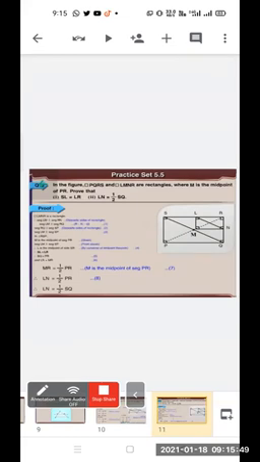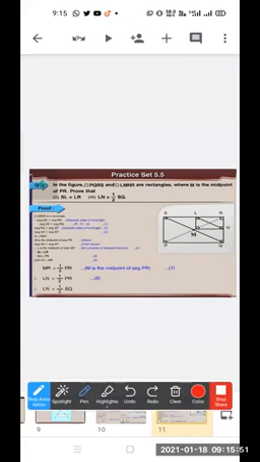Next, see another question. See question number 2. What is given? In the figure, quadrilateral PQRS and quadrilateral LMNR are rectangles, where M is the midpoint of PR.